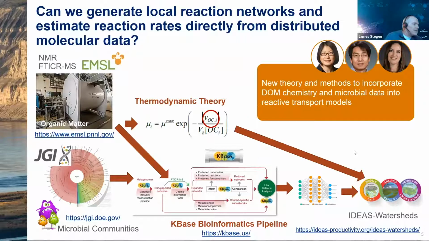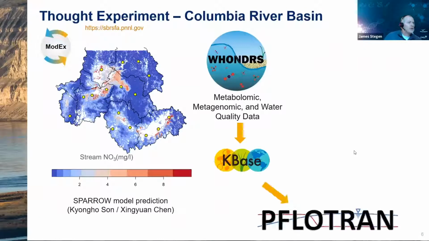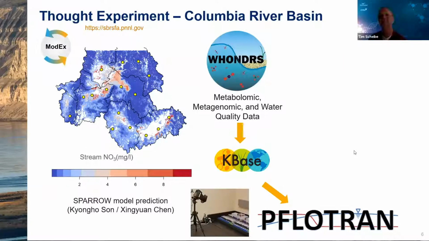I missed one that was on the Modex theme. Do you use special tools for optimal design of experiments based on your preliminary model predictions? So in the case that I described, we didn't really use any special tools other than the outputs of the models.